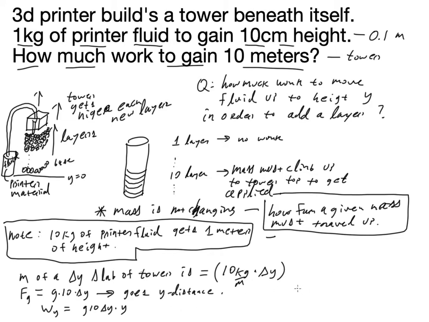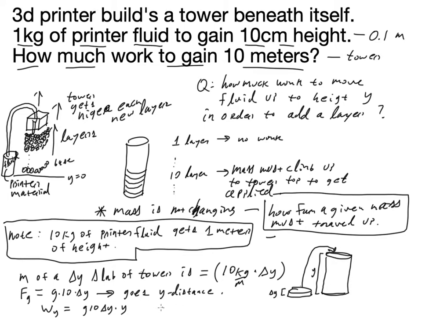And again, the idea here is that if you have a little slab of this stuff and I have to put it, here's my tower, and if I have to put that up on top there, it has to go y distance, right? And that right there is the little delta y slab of it. It has to climb up that much, okay?